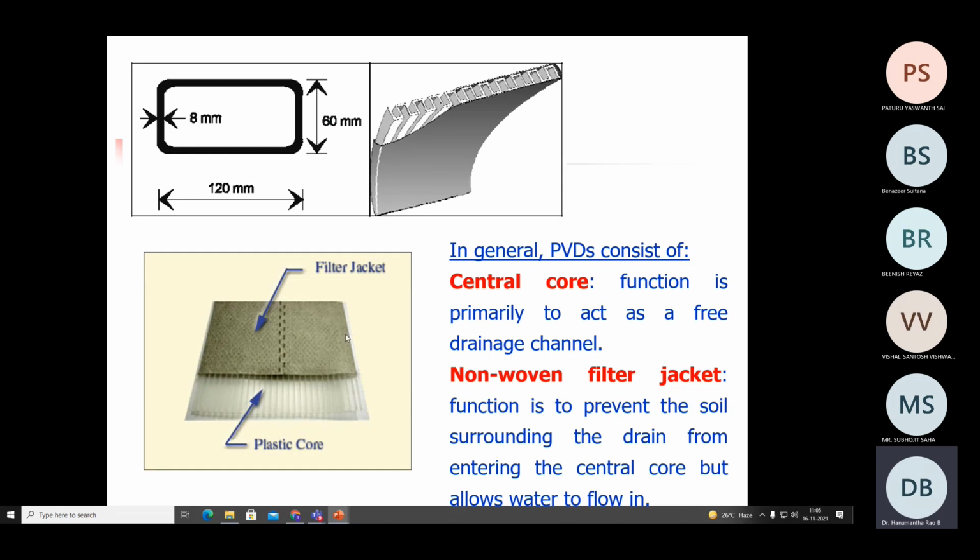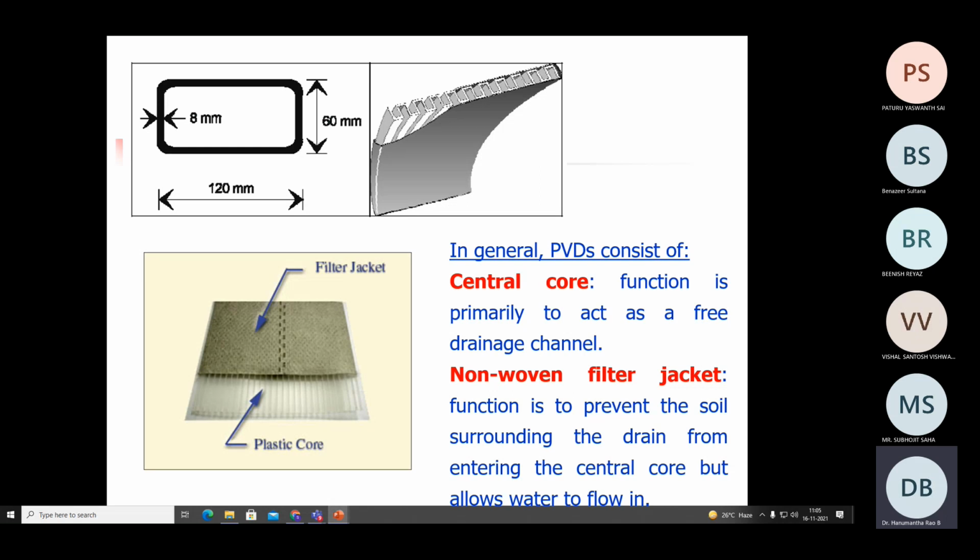It acts as some kind of retention mechanism. It allows only the water to drain inside the core while retaining the soil particles. It's some kind of filtration mechanism. That's why it is called a filter jacket. The function is to prevent the soil surrounding the drain from entering the central core, but allows water to flow.